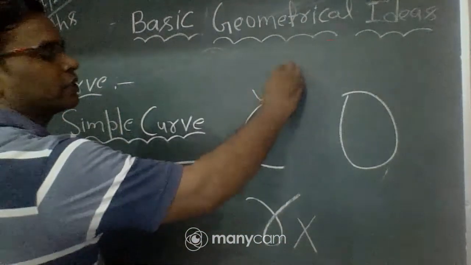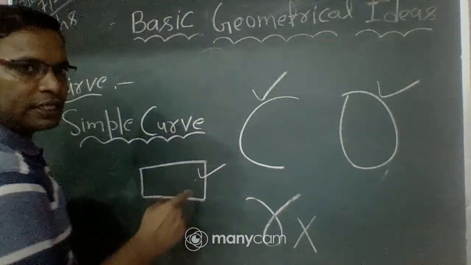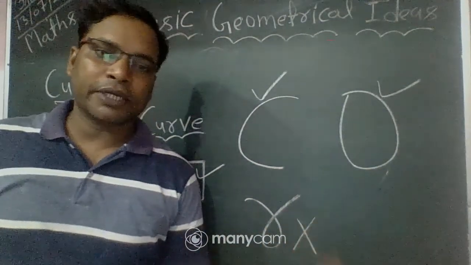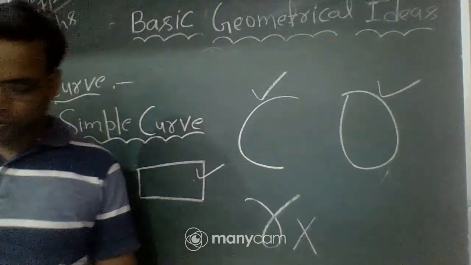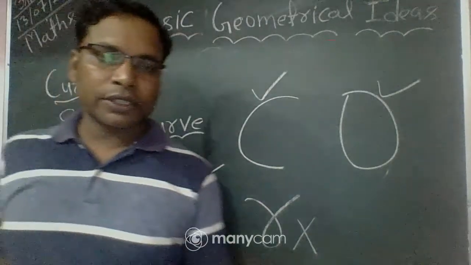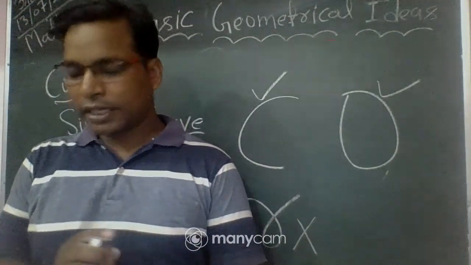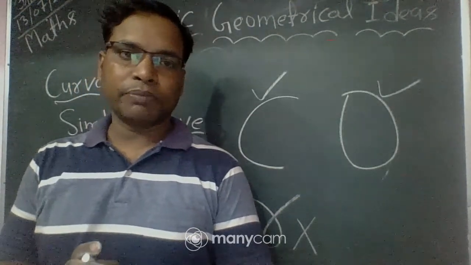This is a simple curve, this is a simple curve, this is a simple curve, because they do not cross themselves at any point. But this curve is not simple because it crosses itself. Now we are going to discuss simple open curves and simple closed curves. What is a simple open curve and what is a simple closed curve?